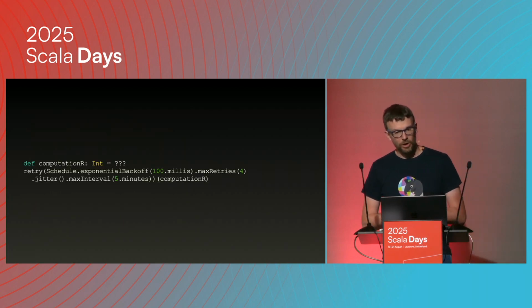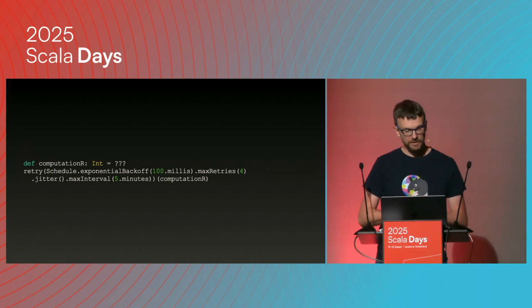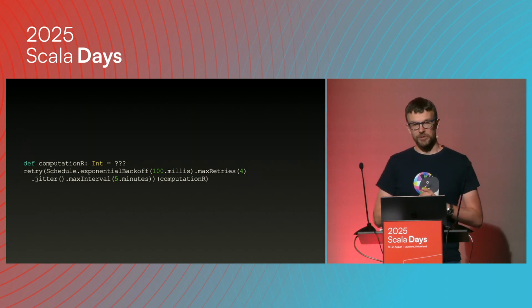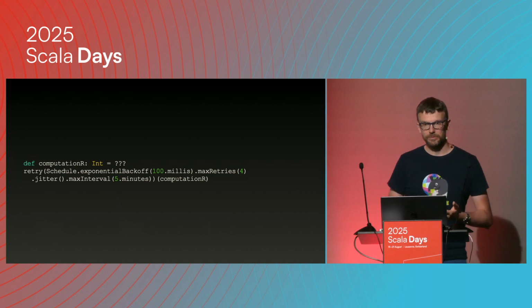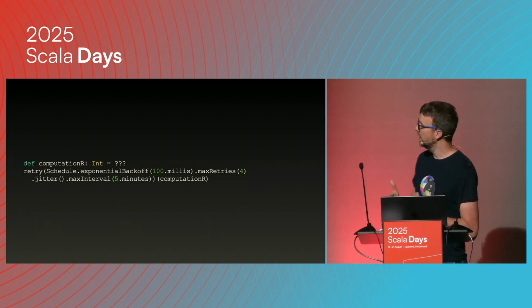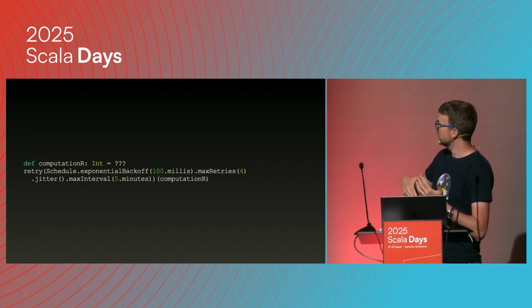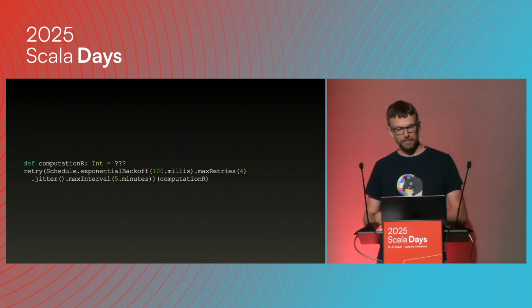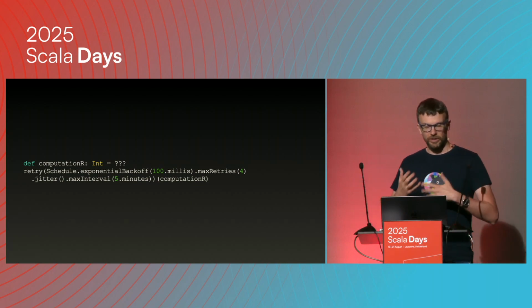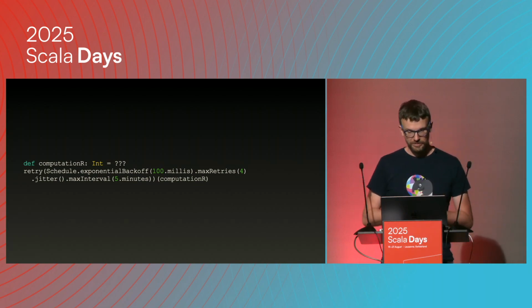Beyond concurrency, in Ox, we also have resiliency utilities. So, for example, there's a retry method, which has very flexible schedules. So here we have a retry, which has an exponential backoff with some jitter added, and there's a cap on the maximum number of retries. So you can configure it to whatever your use case demands.